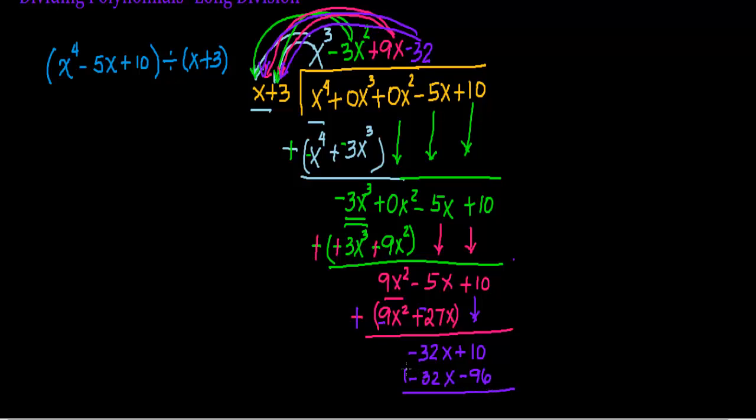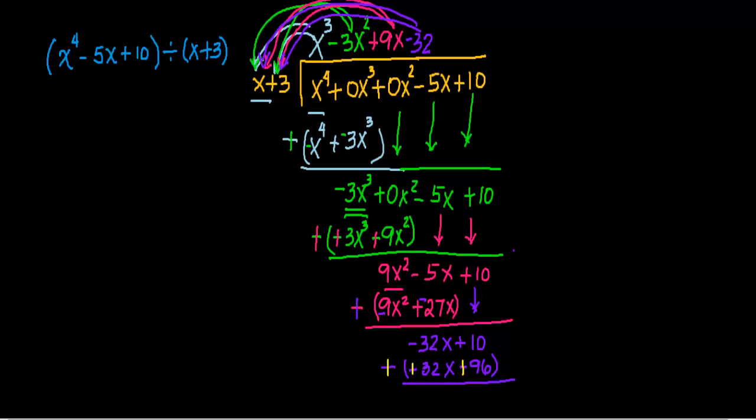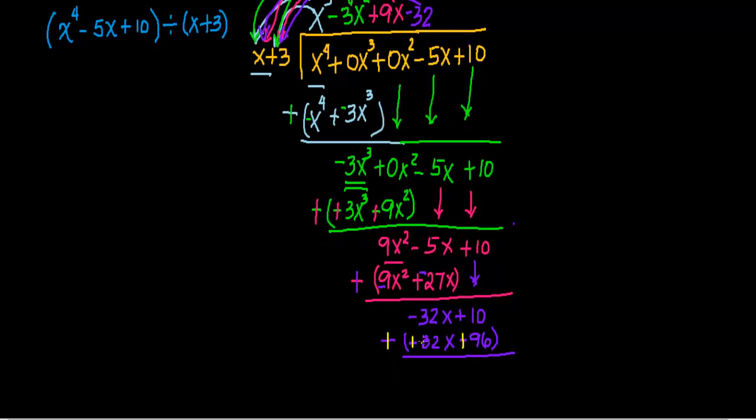And now we subtract again. This minus outside I'll change to a plus, this changes to a plus, and this changes to a plus. This becomes 0, and 10 plus 96 is 106. And now I stop. This is the remainder.